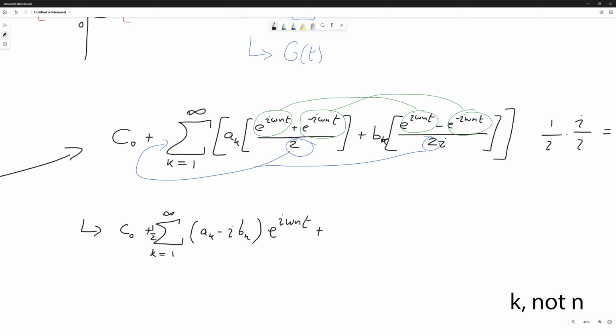Now let's separate them. So let's go plus 1/2 times the sum from k equals 1 to infinity of a sub k plus i b sub k times e to the minus i omega nt.